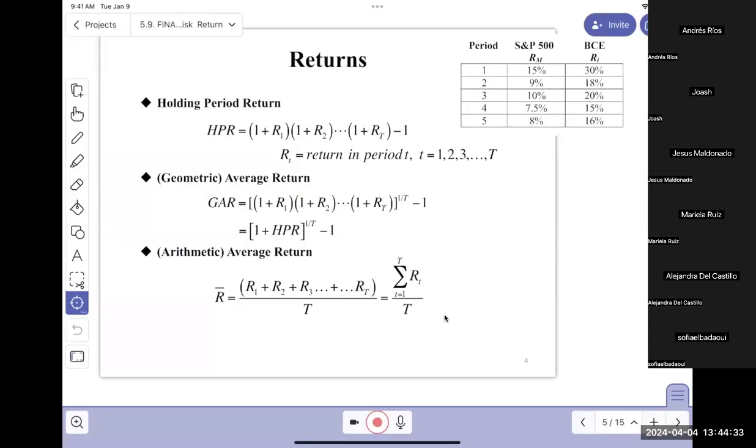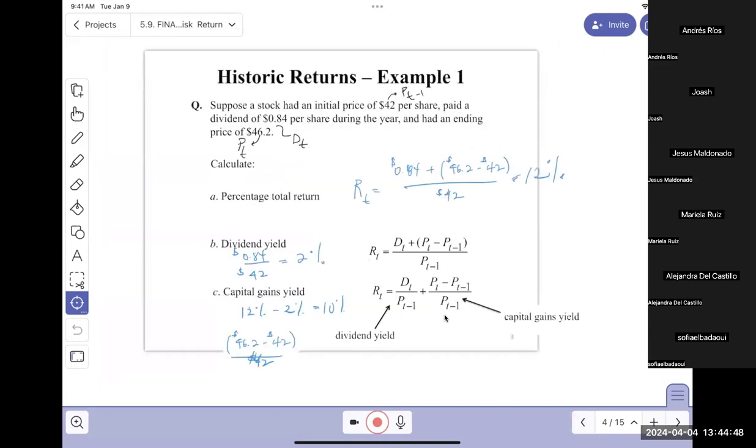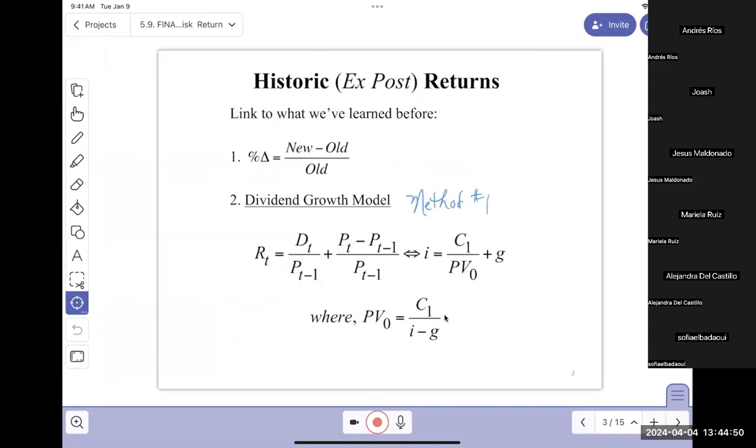Okay, so I think we left off here. So the first method I mentioned was the dividend growth model, which based on a certain set of assumptions on historical data to project or predict future outcomes with a rate of return that would be constant.